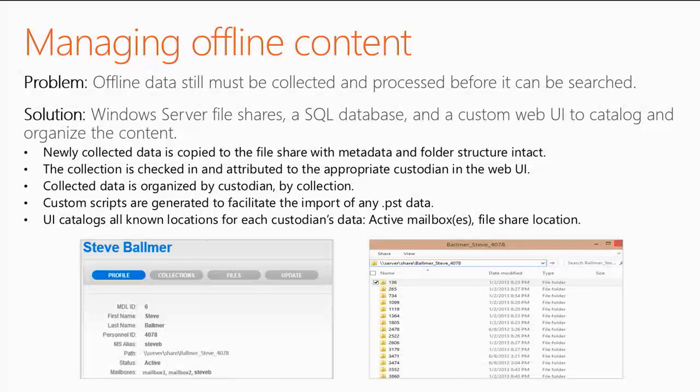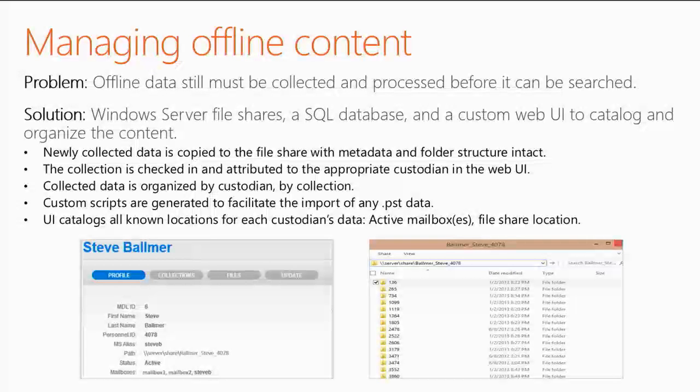And it kicks off a job that's going to scan the system to see if that custodian already has data in the library. We call it the library. It's just the litigation repository where all our data is. And it'll move it from the staging share where they've placed it to the actual file share that's supposed to hold that custodian's data. It'll check the data that we've just recently collected and are uploading to see if there are any PST files.